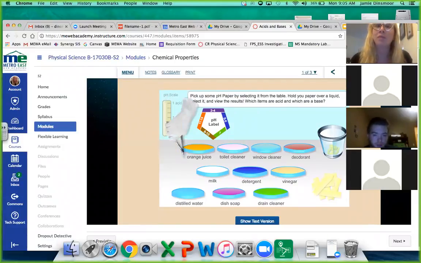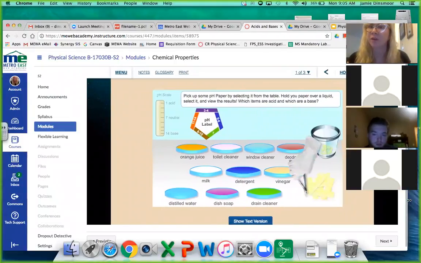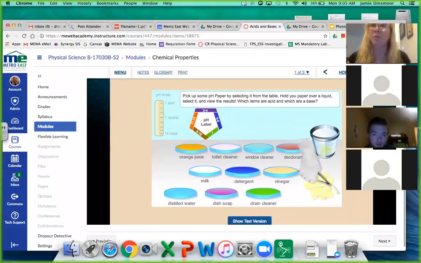All right, so when we first open this Canvas lesson, we're going to see this little activity here where you can pick up your pH paper and test a bunch of substances, right? And you can compare them over here. So vinegar is in the 2 to 4 pH range.